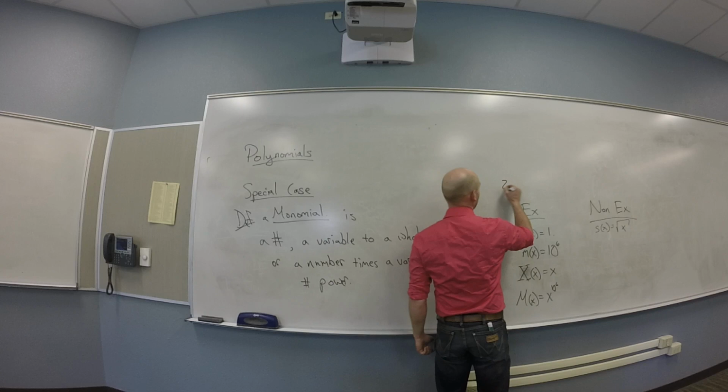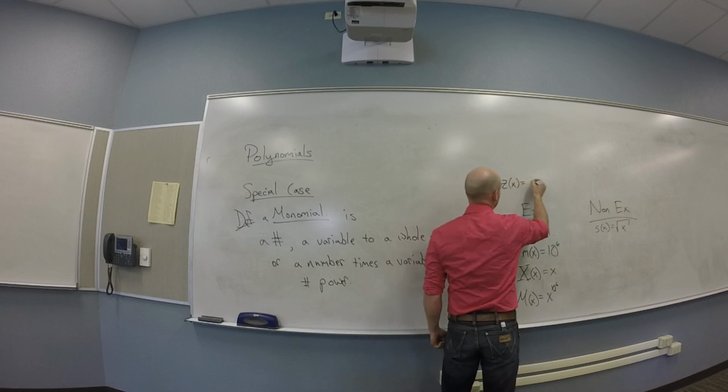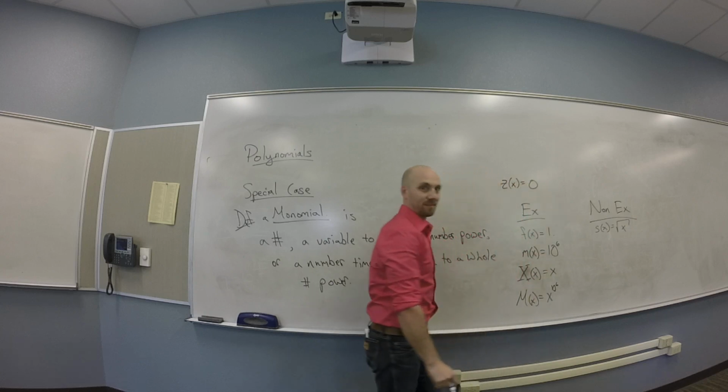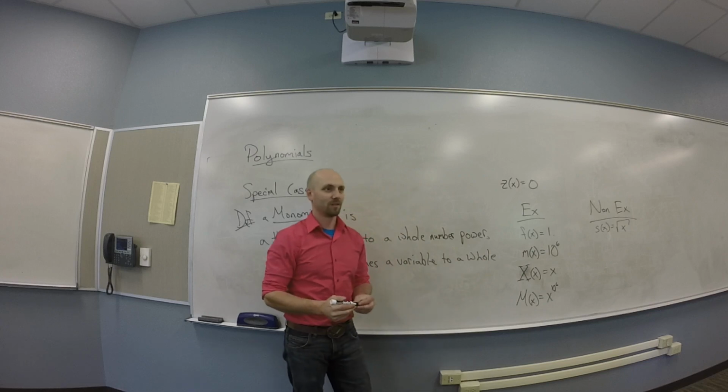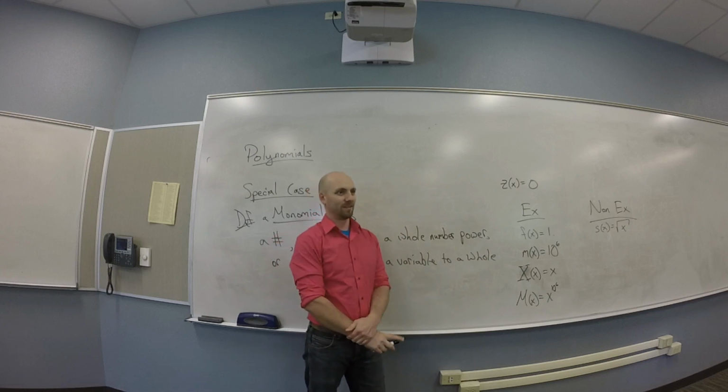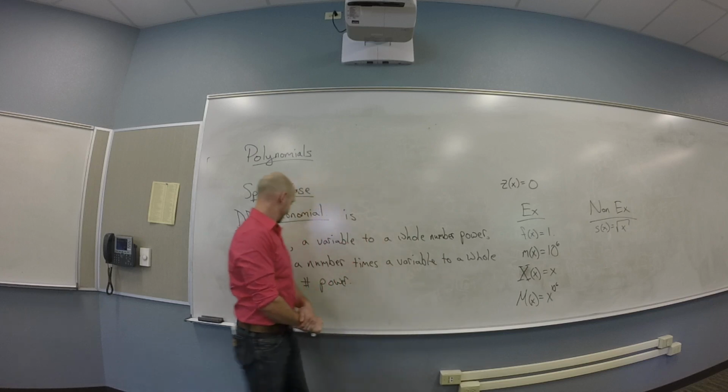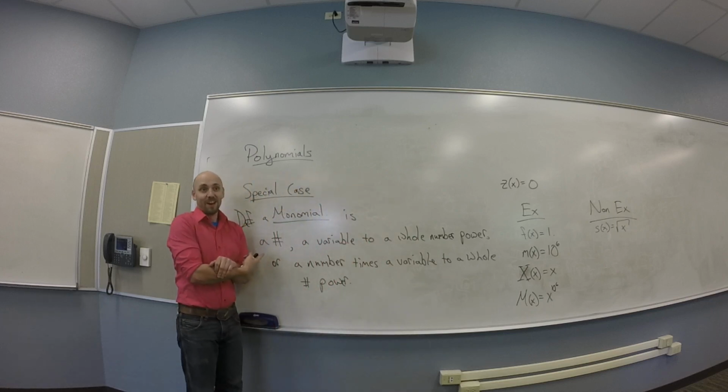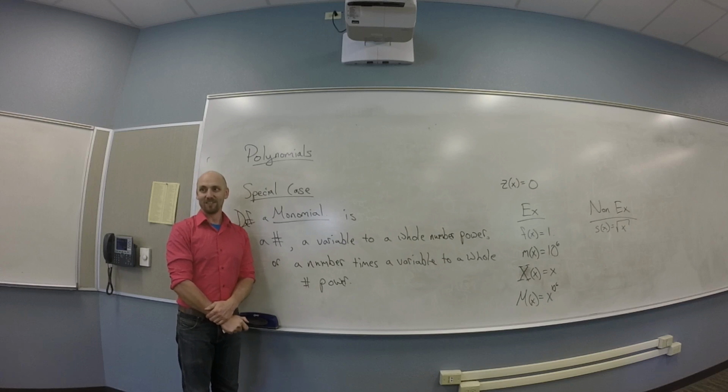How about z of x is 0? Is that a monomial? It's a whole number. It's specifically a number. You guys with me on that?